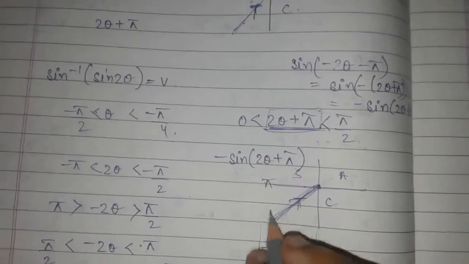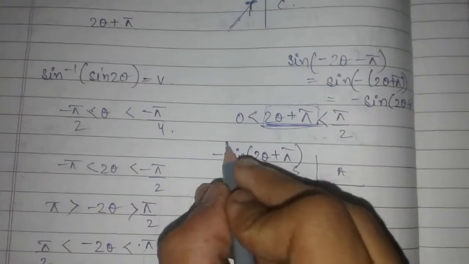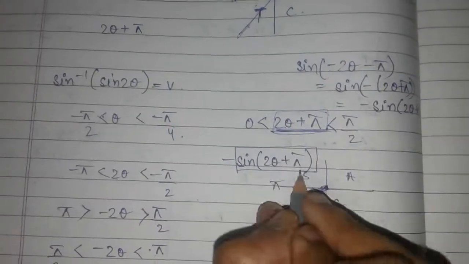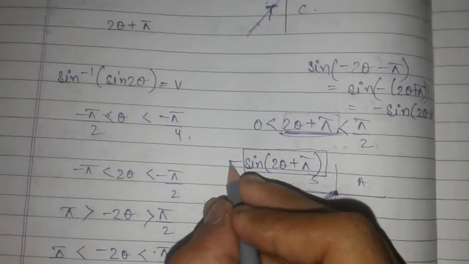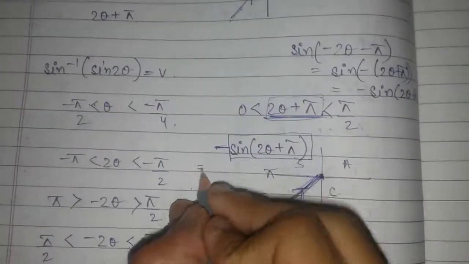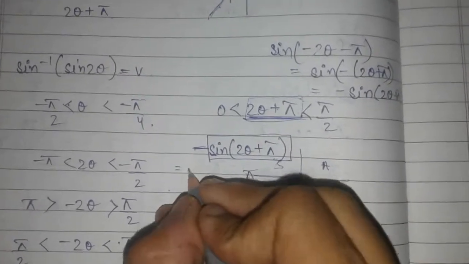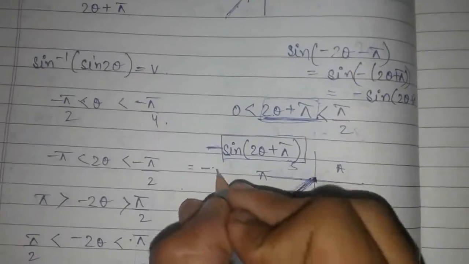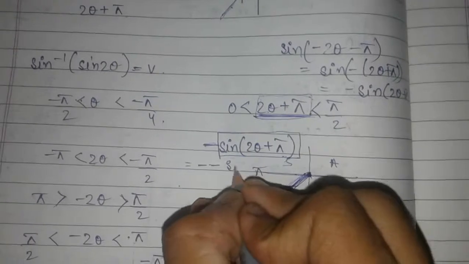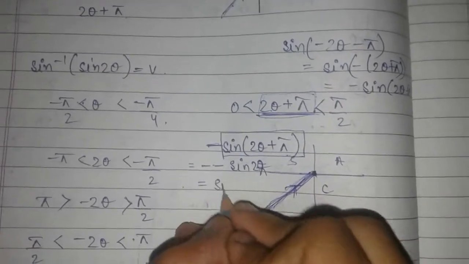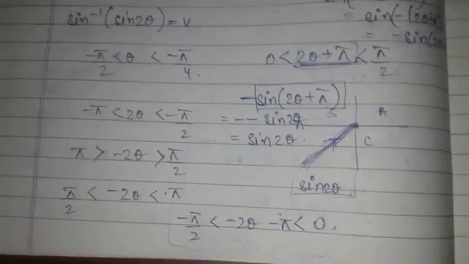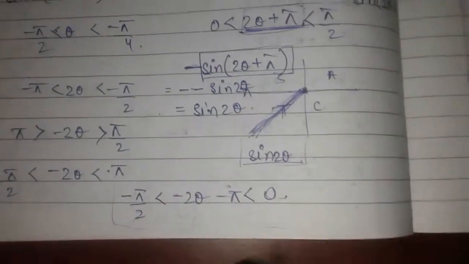Here sine is negative, so sine of 2 theta plus pi is negative, and with this minus sign, on the whole it leads to minus of sine of 2 theta, which is basically sine 2 theta. So we see that it did not cause a change in the magnitude, so this can be used.